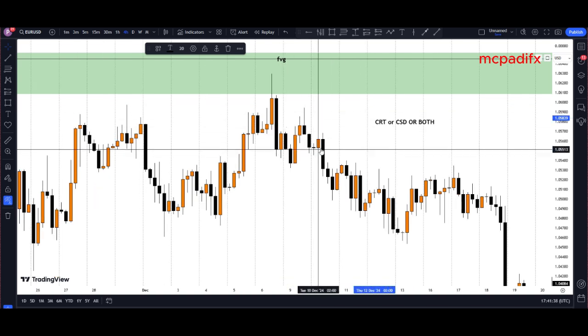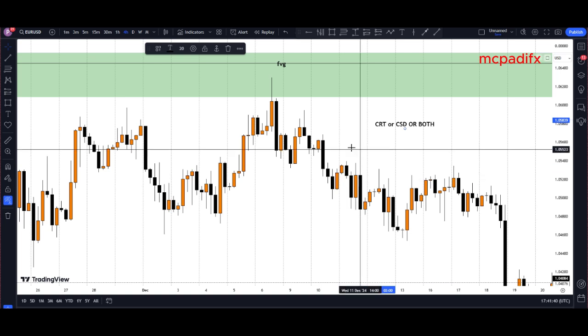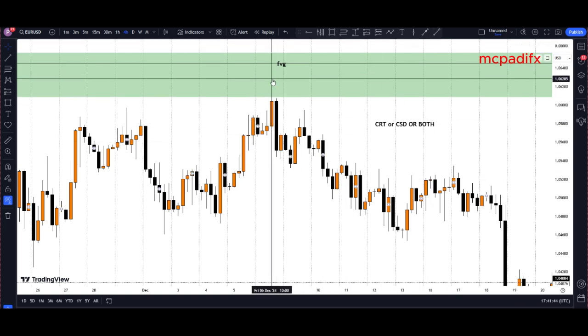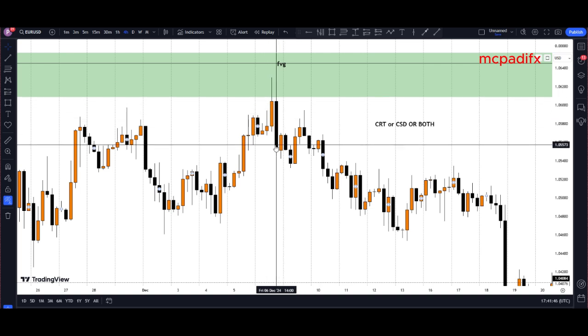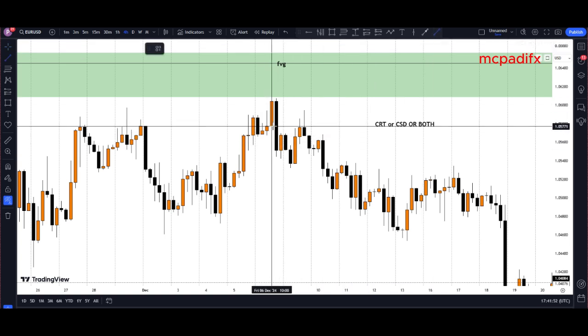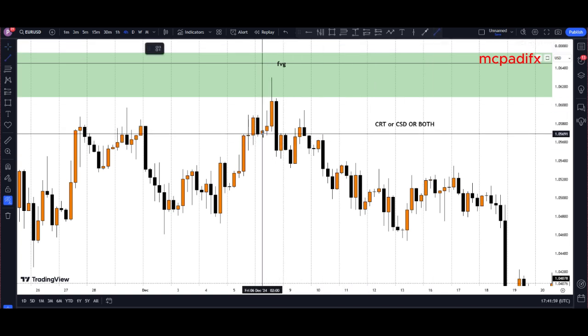So let's use this one, because this one I'm going to use to teach it. This candle tapped into this fair value gap, and the next candle opened and closed below the low of this bullish candle. You can use the body or the wicks.